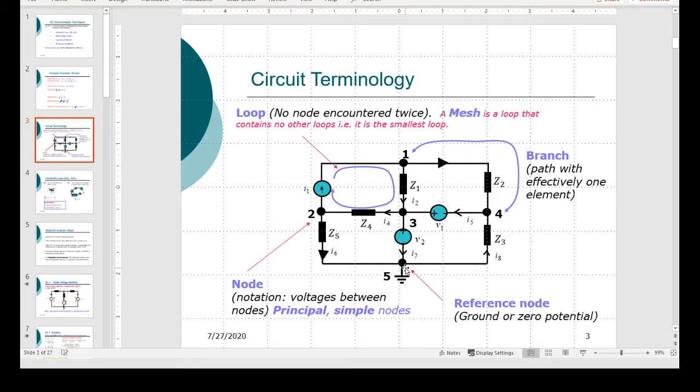So there is a closed path we call a loop or a mesh. There is a node, a point where two or more current carrying conductors or branches meet. There is a branch, and of course there are sources.